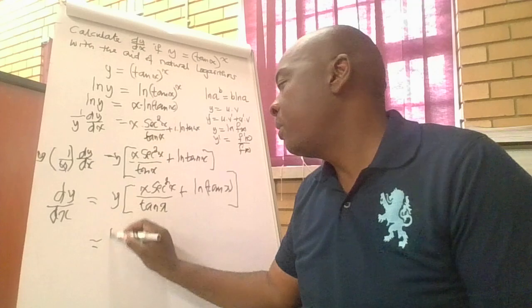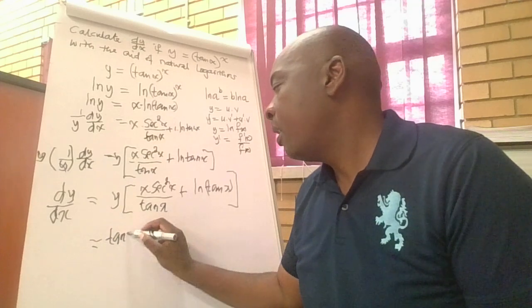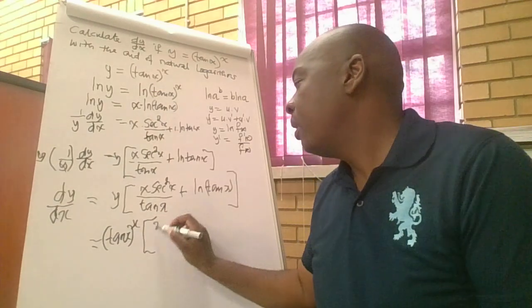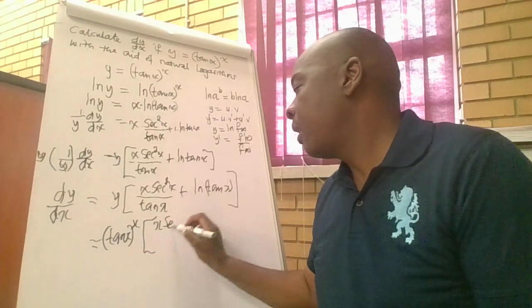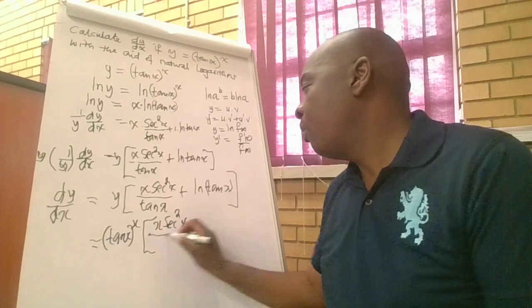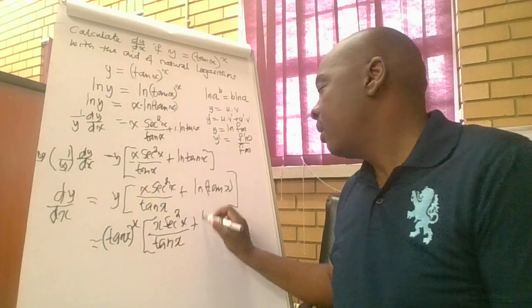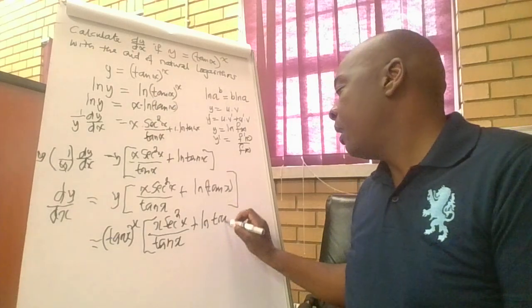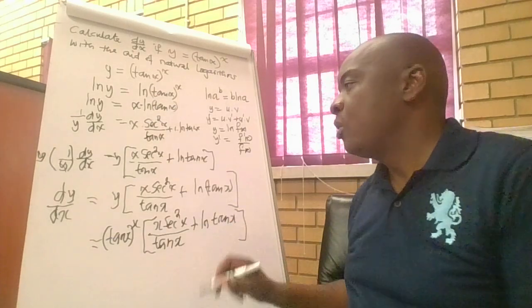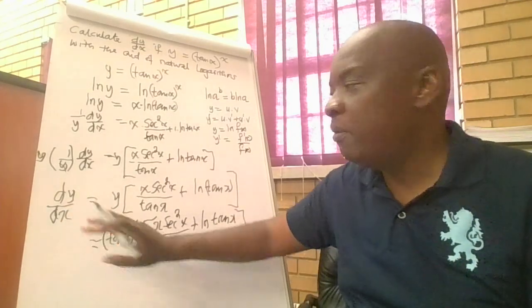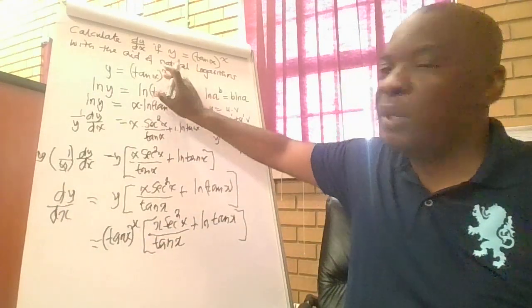So this becomes tan x to the power x into x sec squared x over tan x plus the ln of tan x, like that. So this becomes my final solution, which is the derivative dy by dx of this particular function.